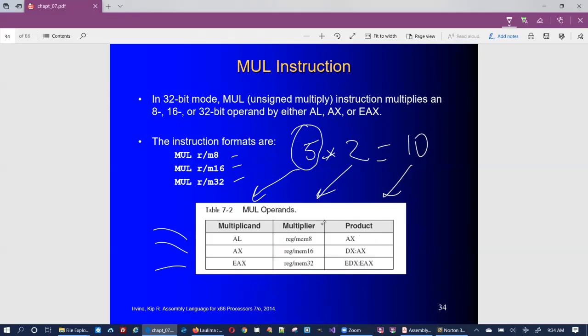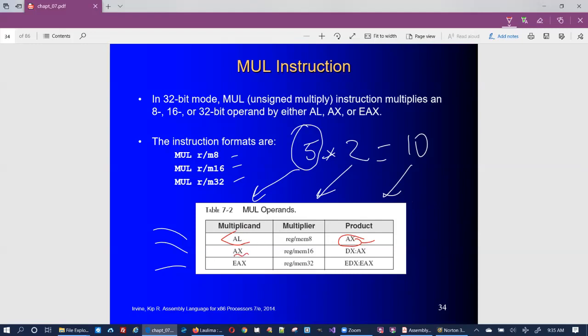You notice that the result can be twice as big. If you multiply two 8-bit bytes, the biggest it can be is 16 bits. So the product here is twice the size of the multiplicand. Here we're using the lower order 8 bits, and the result is going to take both the lower and the upper.